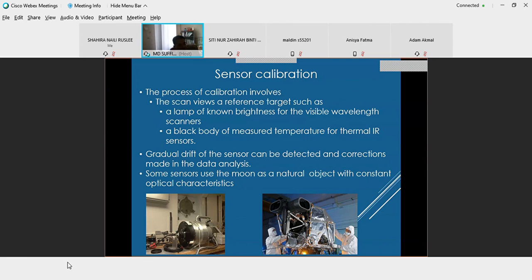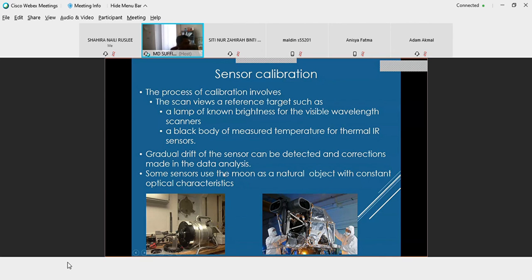Because especially for radiometric measurement, to differentiate between each gray value, it needs a reference. You cannot use a reference close to the Earth's surface; you have to use a reference near outer space, in orbit. So most sensors use the moon as a natural object to identify the spectral response of the sensor.